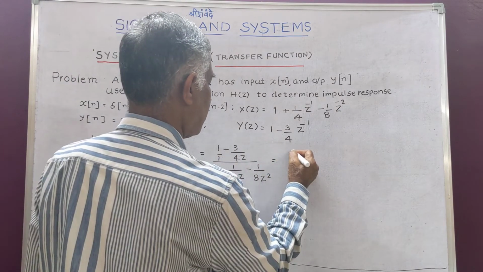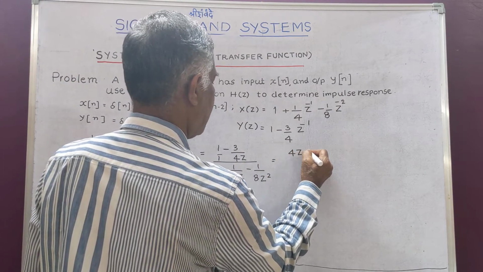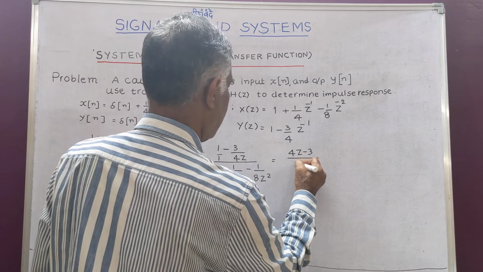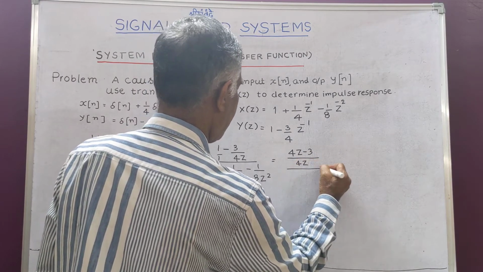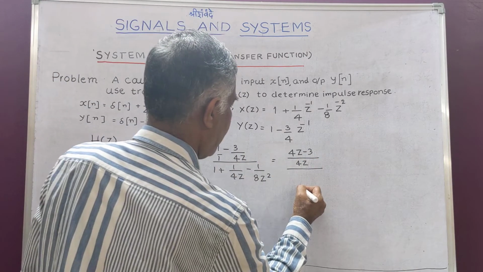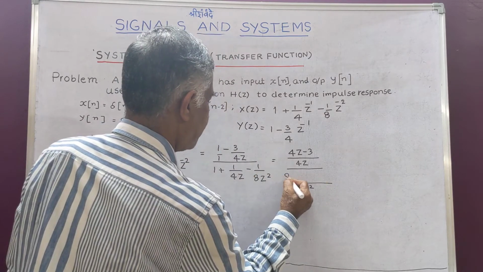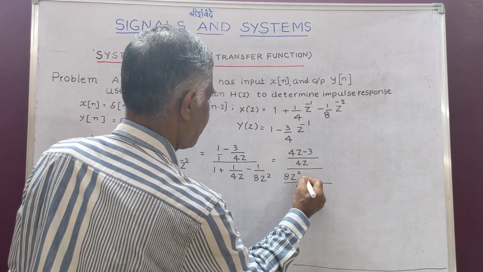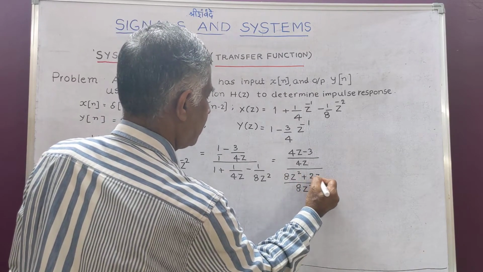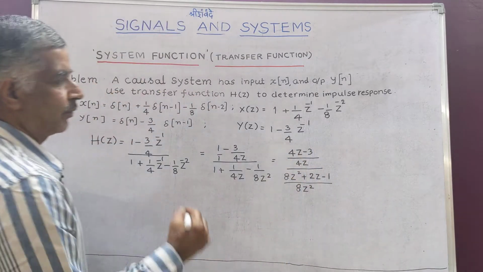Taking LCM, (4z minus 3) divided by 4z, divided by (8z square plus 2z minus 1) over 8z square.